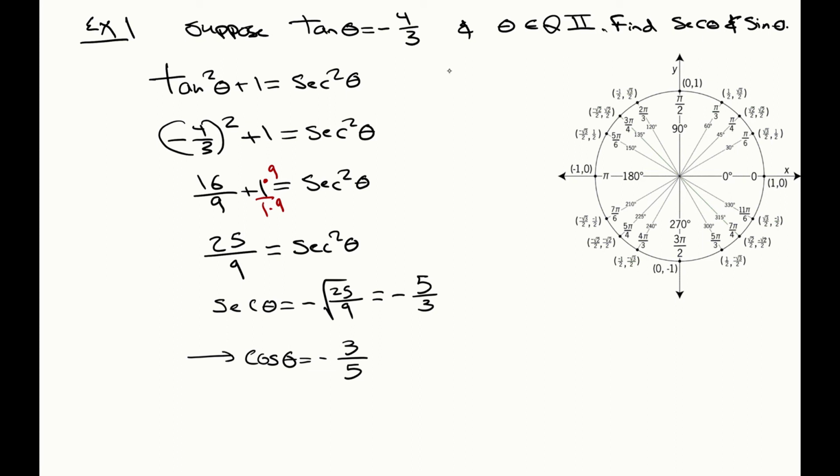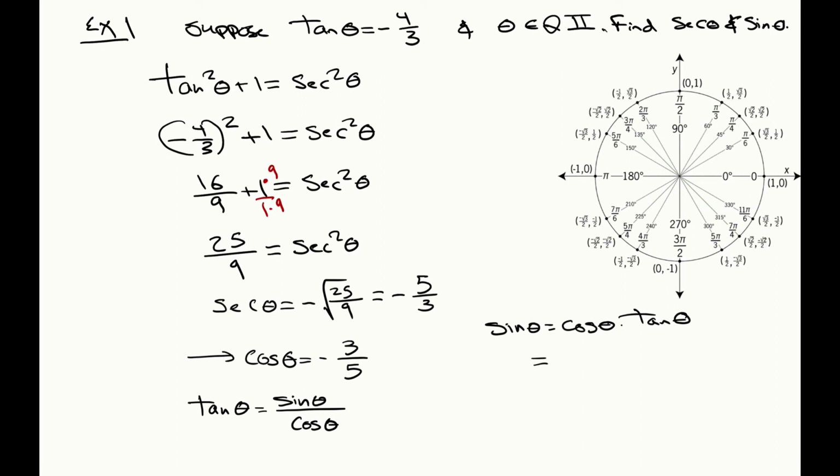So if you remember, tangent of theta equals sine theta over cosine theta. So if we cross multiply, we get sine theta equals cosine theta times tangent theta.